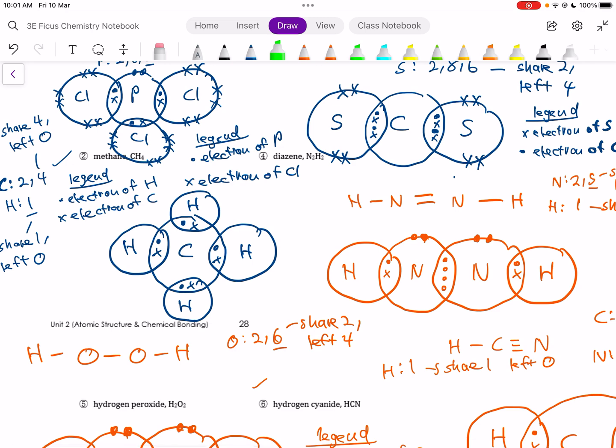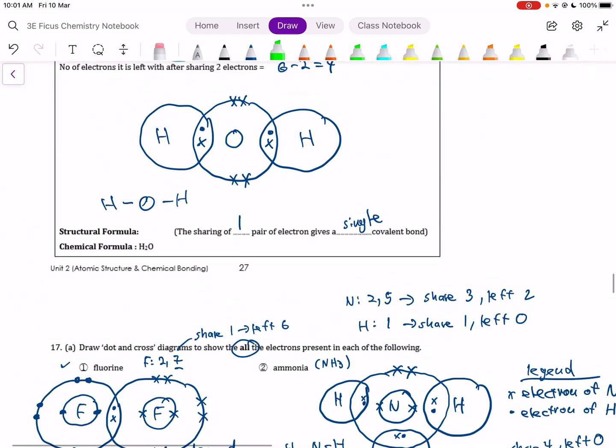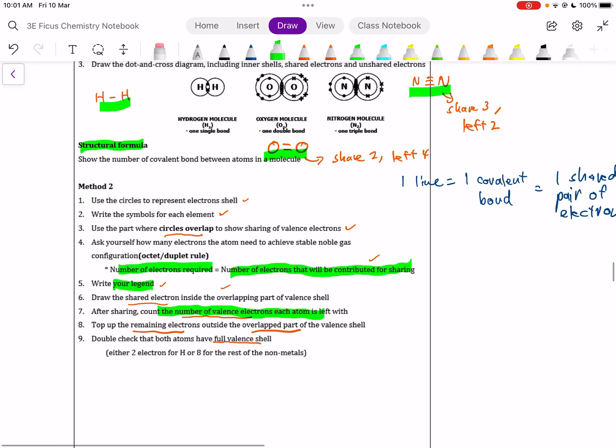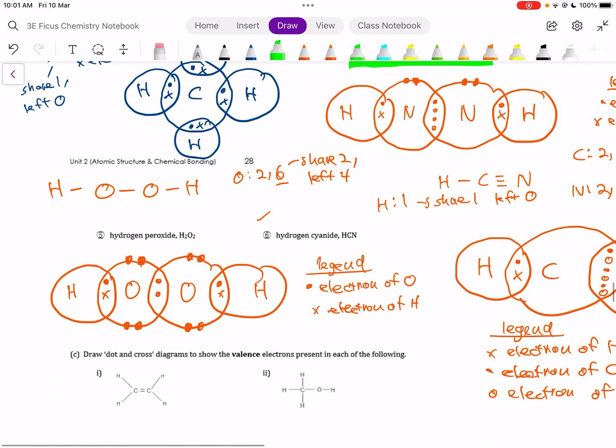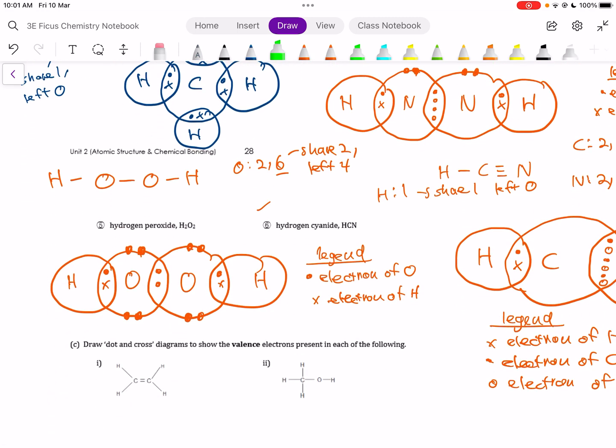In this case it is always better to start out by drawing the structural formula. That day I actually proposed 2 methods. Method 2 is for the easier ones, and method 1 is usually for the tougher ones, where you start with the structural formula. Also things like hydrogen peroxide and hydrogen cyanide.